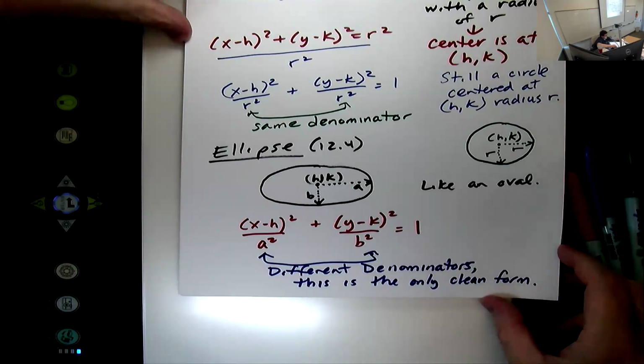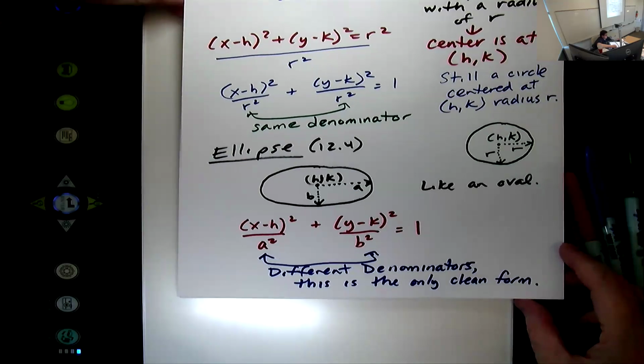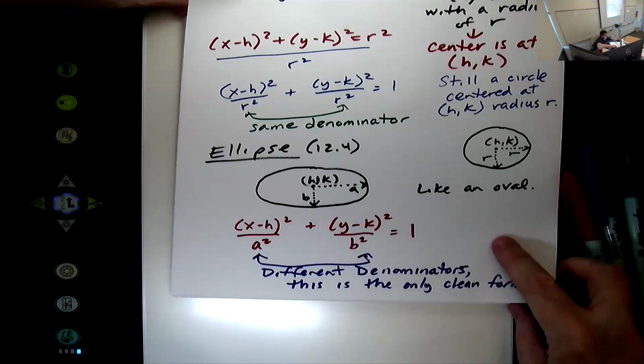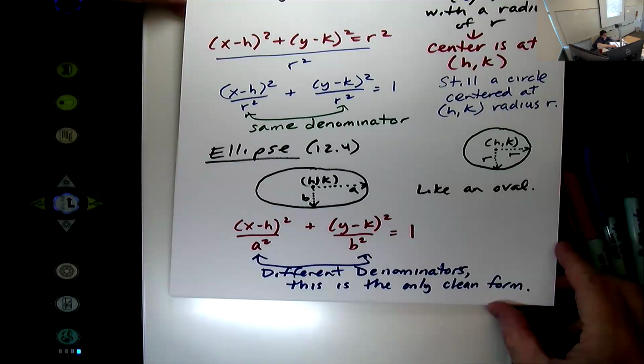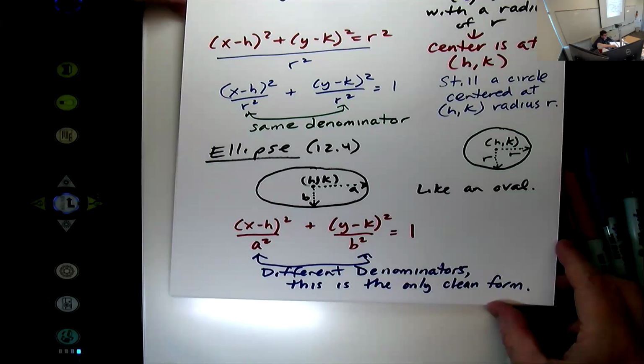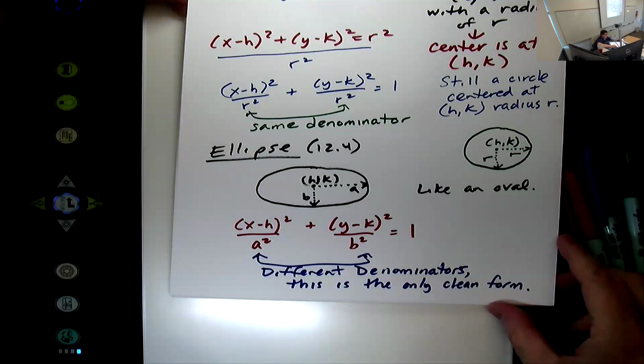So what we're gonna practice in here is taking equations that are not in these forms and writing them in these forms. Well, it seems like for the circles we're using the distance formula, and for the ellipse, we're using the midpoint formula. Right, that's just the way it's set. No, the midpoint formula does not come up in this.